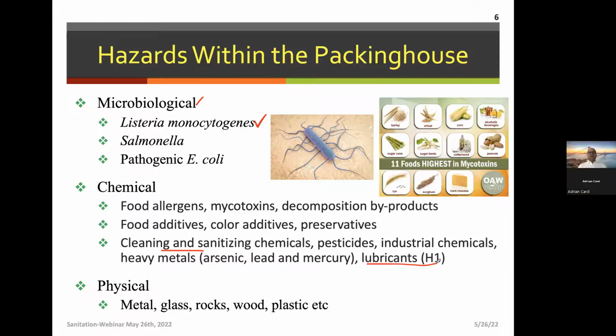And specifically for microbiological analysis, we could be thinking of any of these 3 pathogens, or we could be looking at indicator organisms of the presence of any of these 3 pathogens, okay? So that's thinking of the hazards within the packing house.